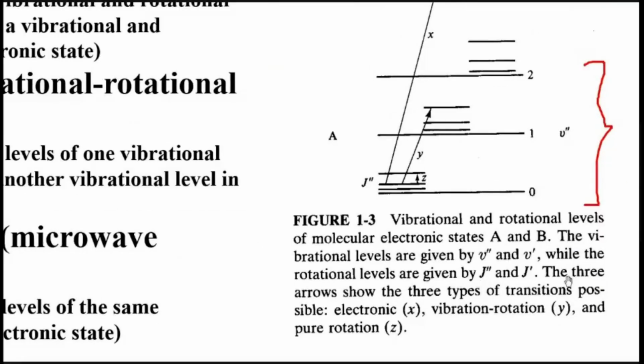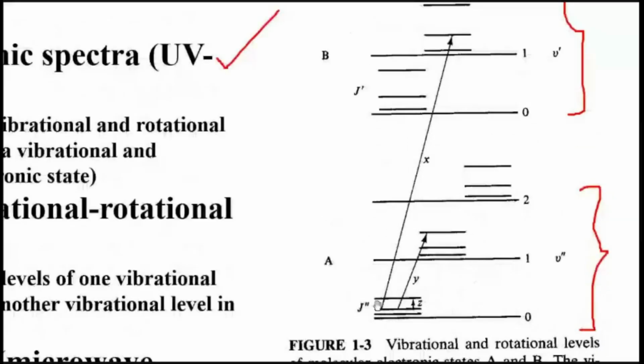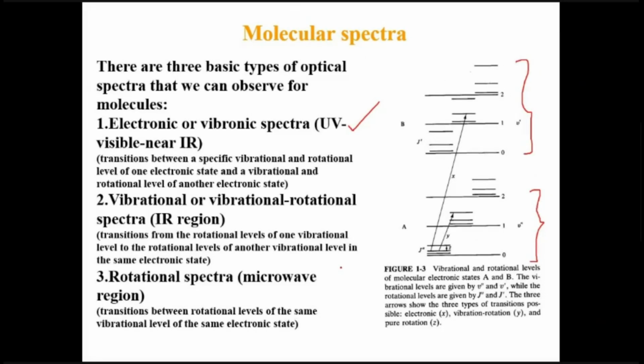The three arrows show the three types of transitions possible, that is X, Y, and Z. This one is X, the longest one, associated with the highest energy. This is the Y one, and this is the Z one. So let us see what those X, Y, and Z are.